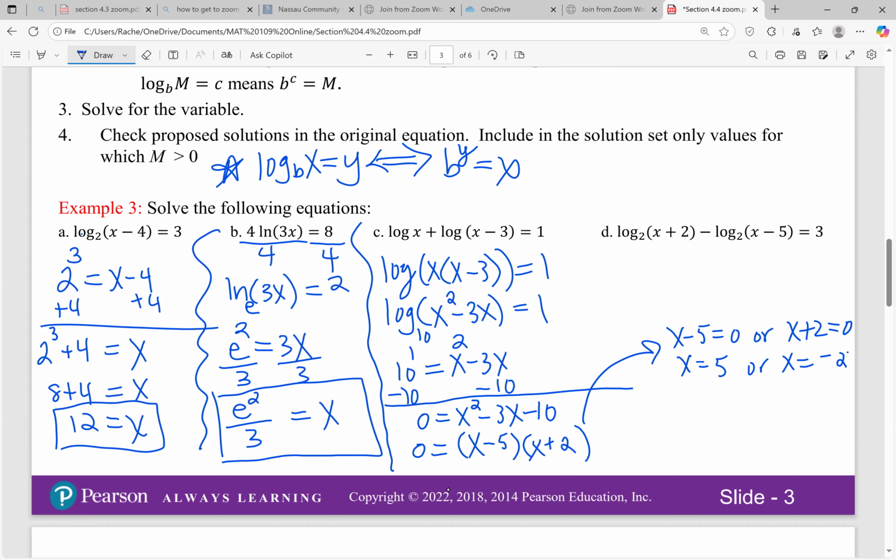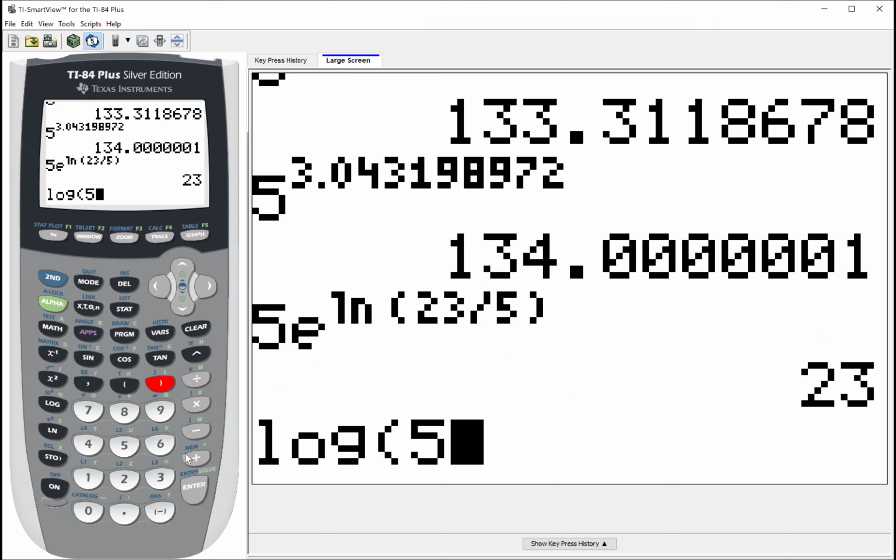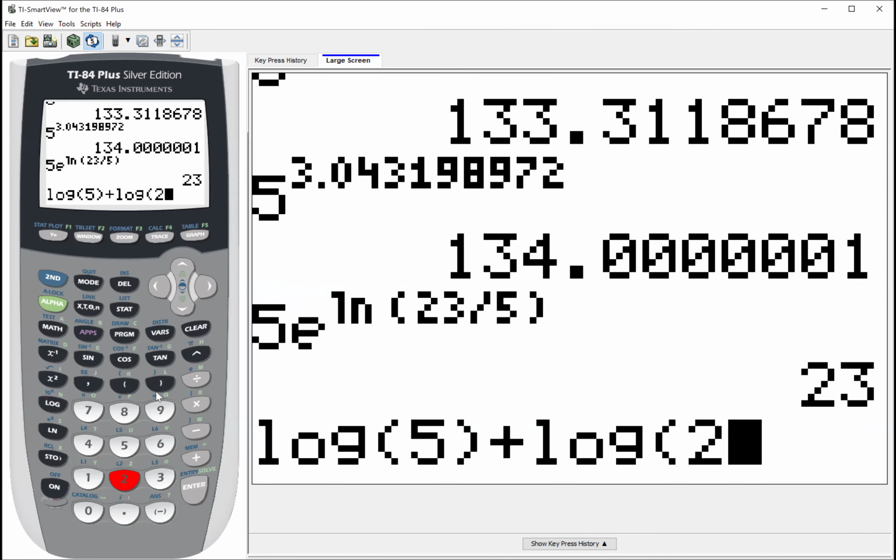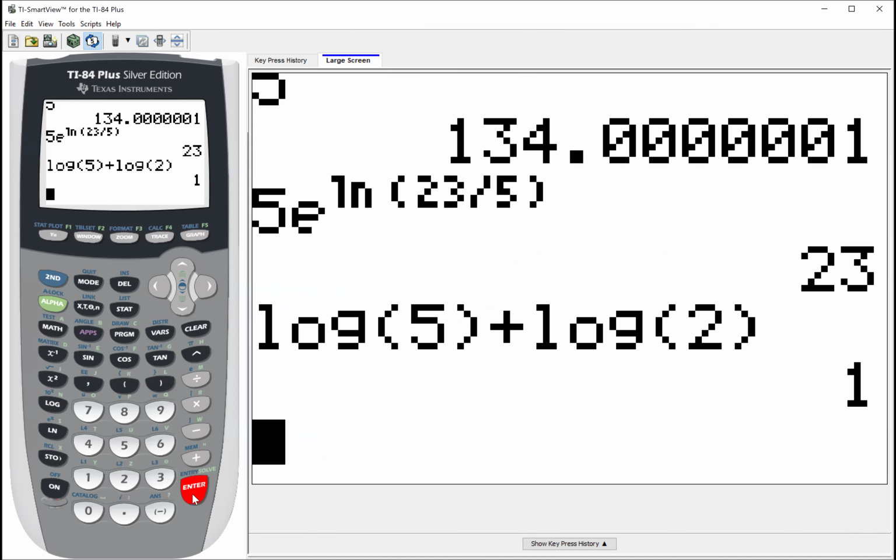If x was equal to 5, then we would have the log of 5 plus the log of 5 minus 3, which is the log of 2. That should equal 1. And let's do log 5 plus log 2. And we get 1. You see how that checks out?